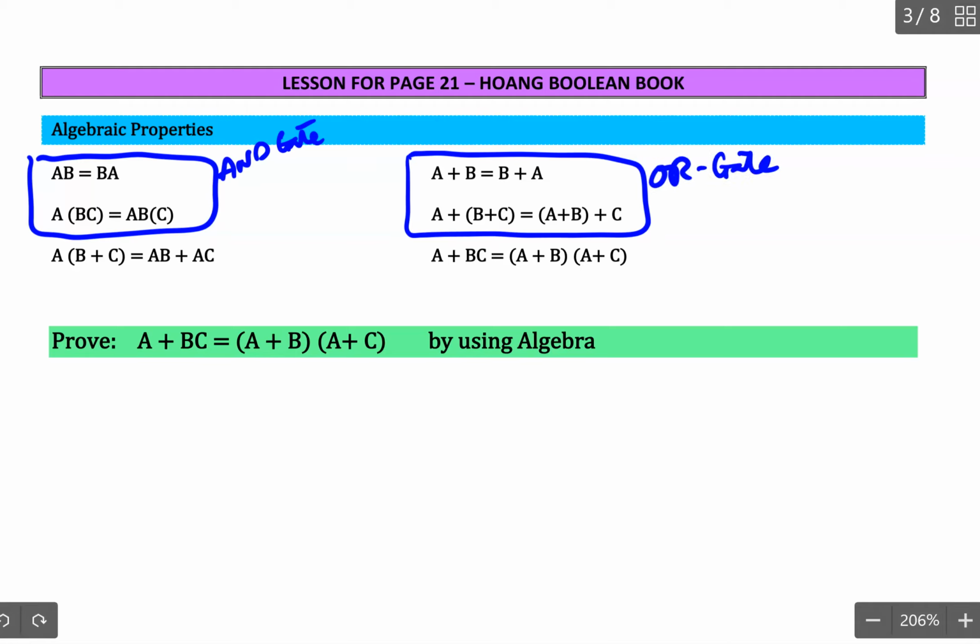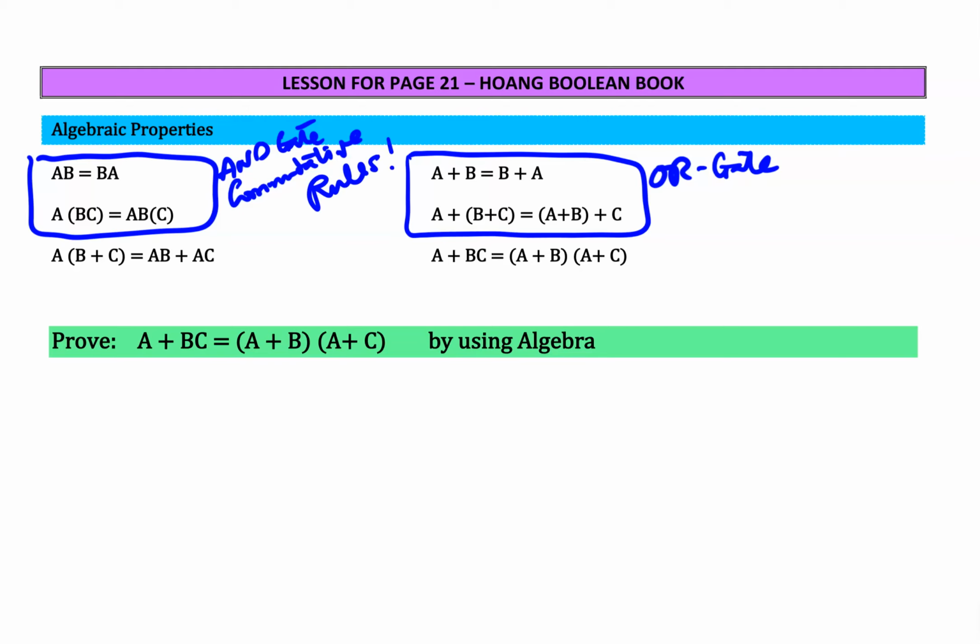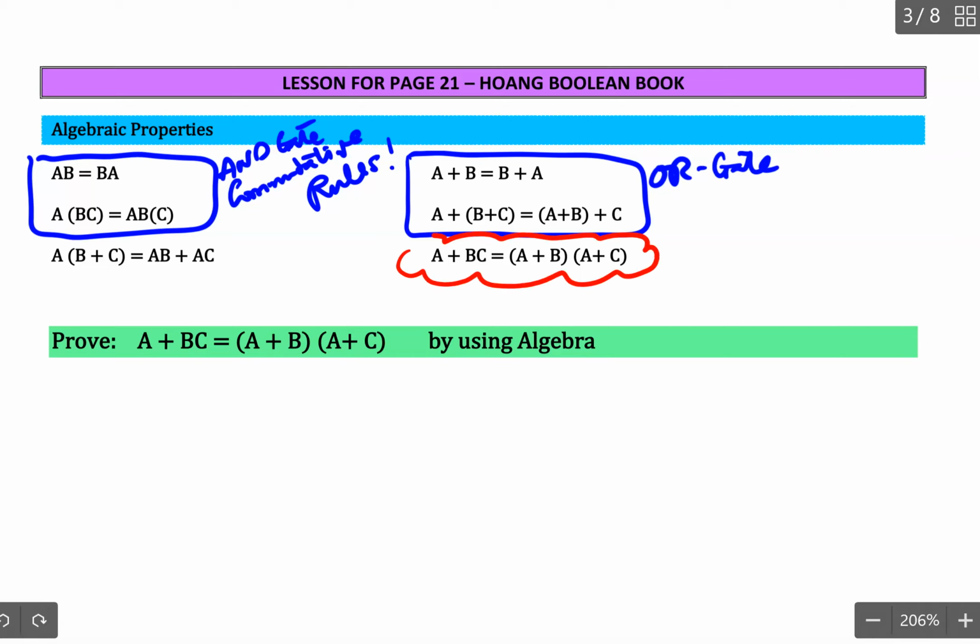These are called the commutative rule. They explain themselves in this case. What I would like to prove to everyone is this one right here, the distributive rule.